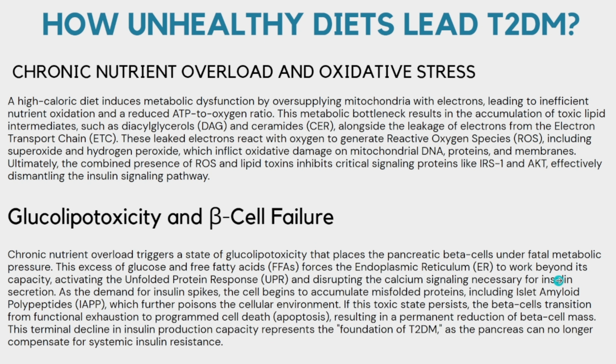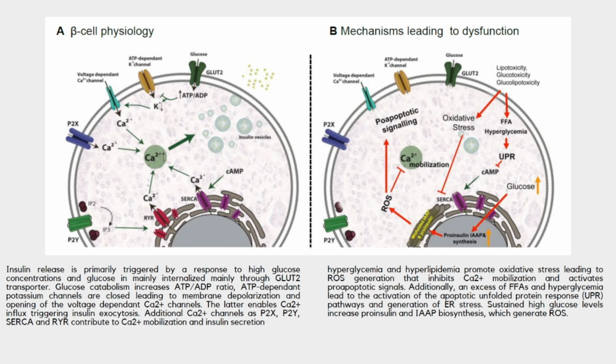So your beta cell is destroyed, and you go back into the very bad cycle. And if there is no insulin anymore in your body, then unfortunately you will get T2DM.